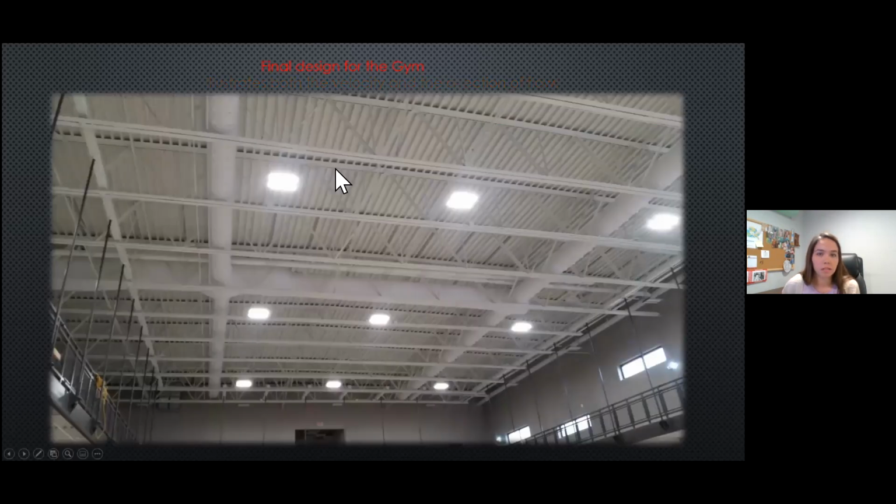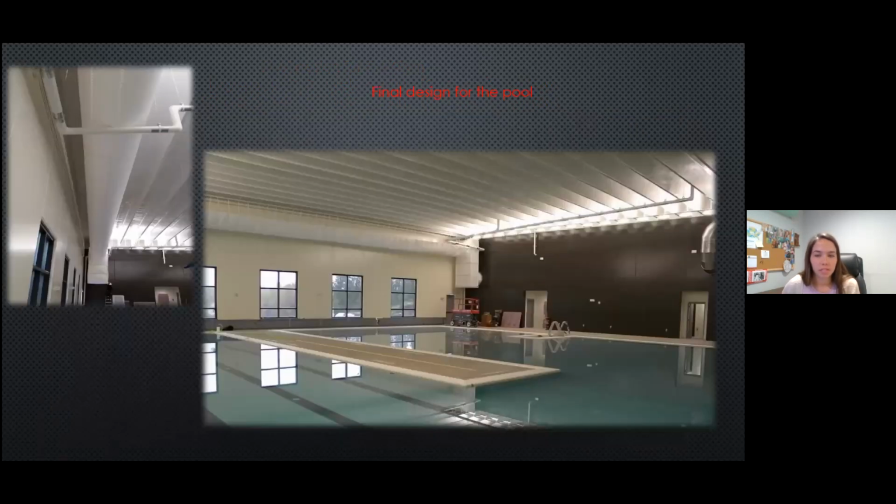This was the final design for the gym, so it may be a little hard to see, but it is the white duct in all of the brace truss. So you can see the textile nozzles in there to make sure that we can get it to the floor. And this was the final product for the pool.